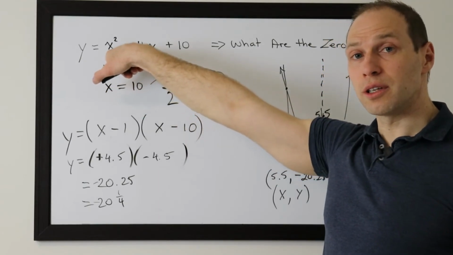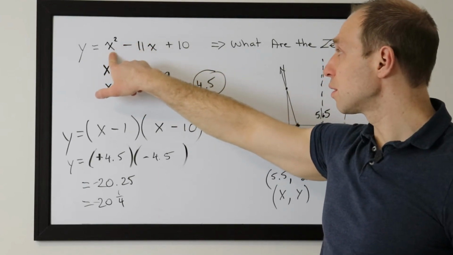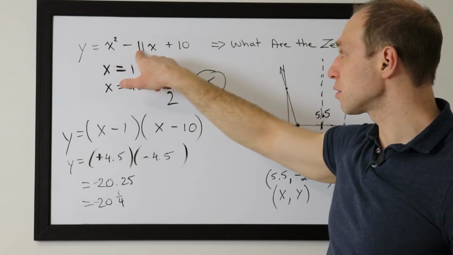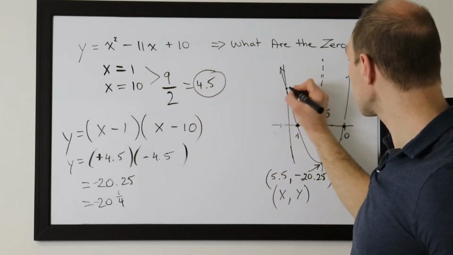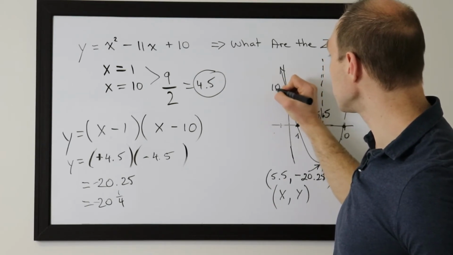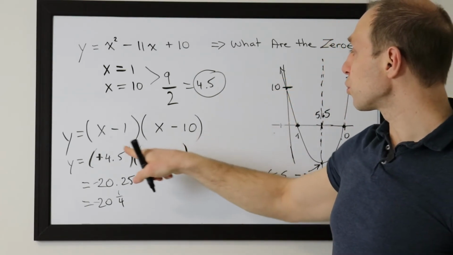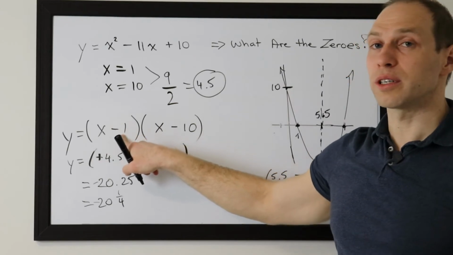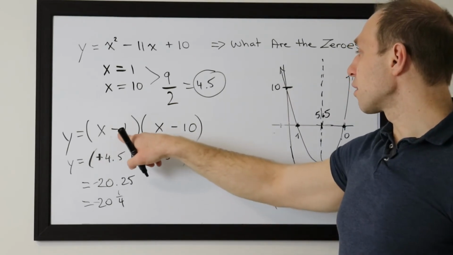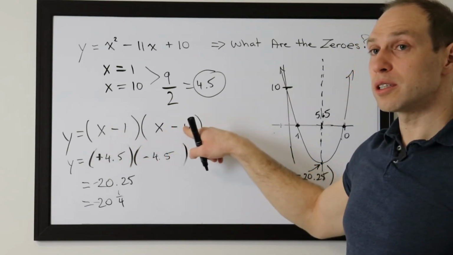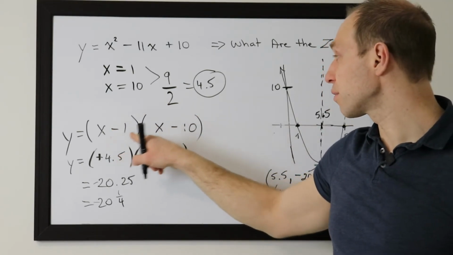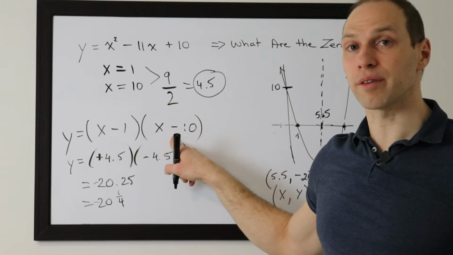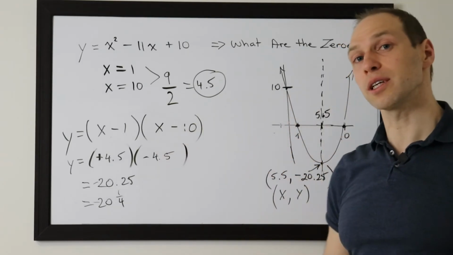If you plug in 0 for x, it will be 0 minus 0 plus 10. Very simple. So in this case, our y-intercept happens to be 10. If we do it here, 0 minus 1 is negative 1, and negative 1 times 0 minus 10, which is negative 10, we'll get a positive value. So negative times negative will give us a positive value of 10, and we still get the same answer.